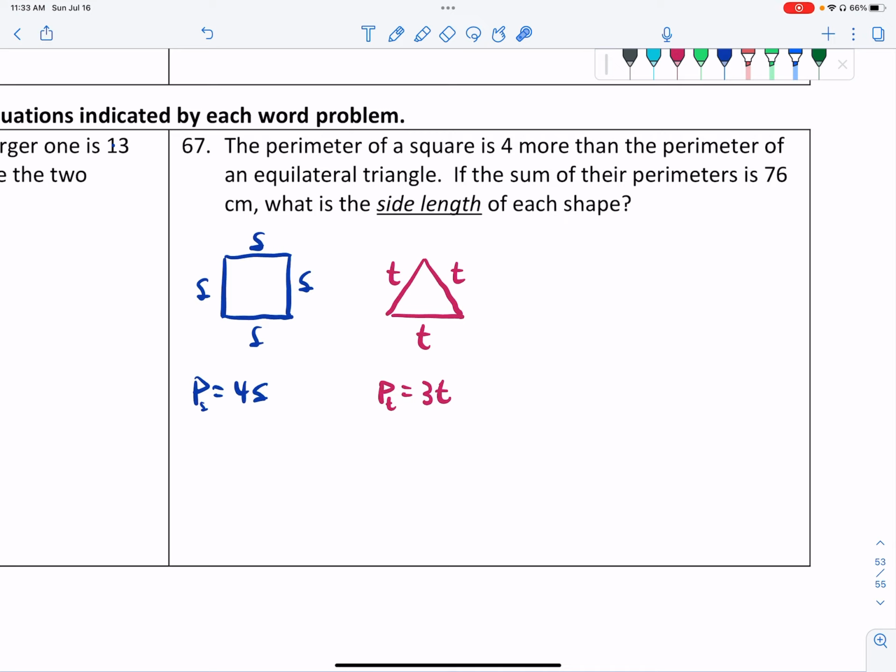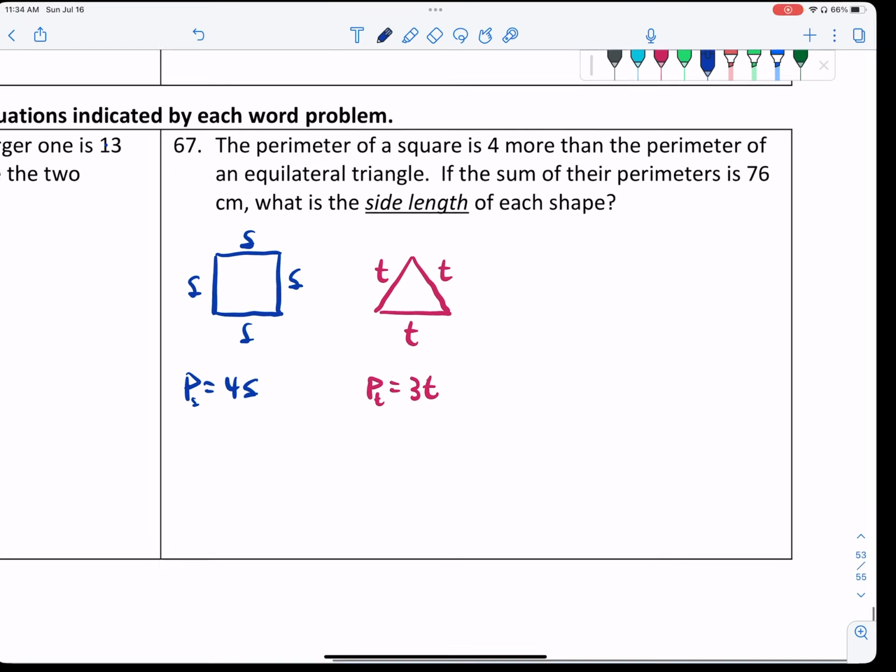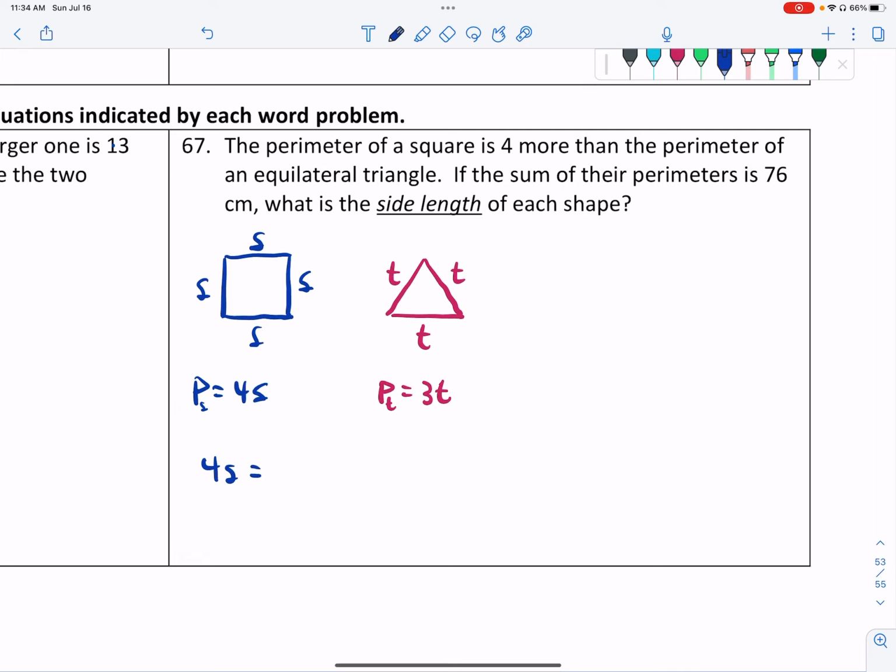Okay, so now you start dissecting the sentences, take the logic of the sentence, translate it into some mathematical equations. The perimeter of the square is 4 more than the perimeter of an equilateral triangle. So my perimeter of my square, that's 4s, equal sign is 4 more than the perimeter of an equilateral triangle.